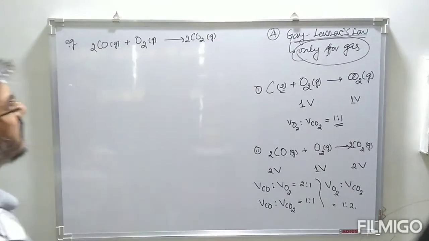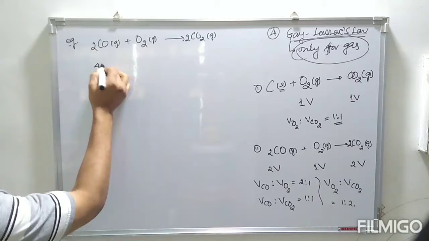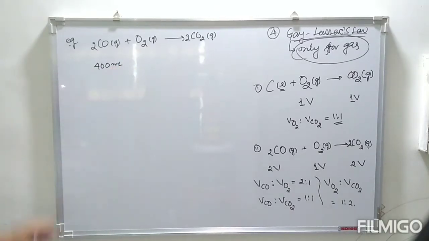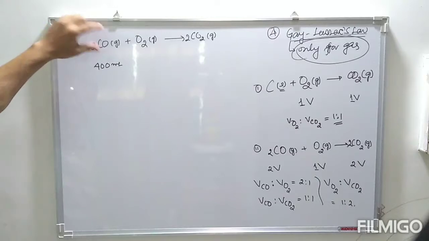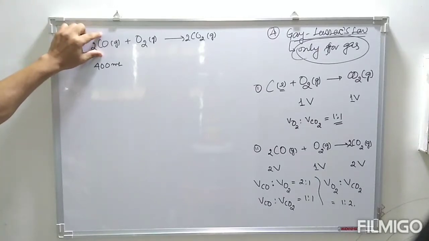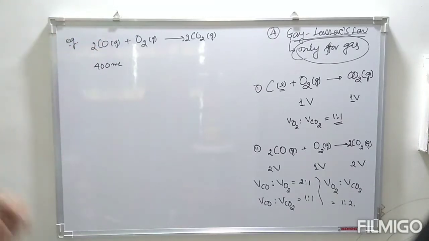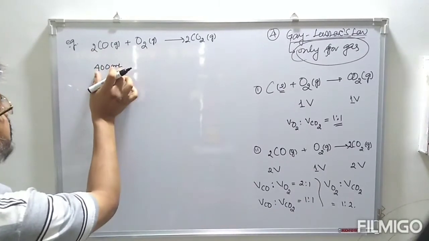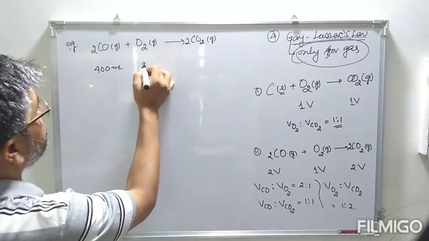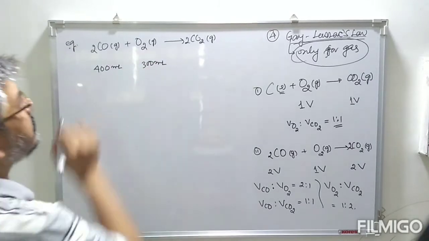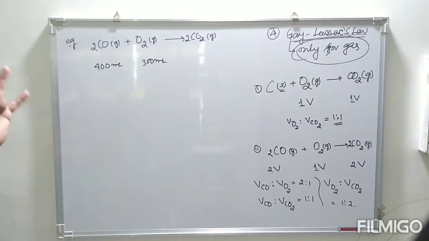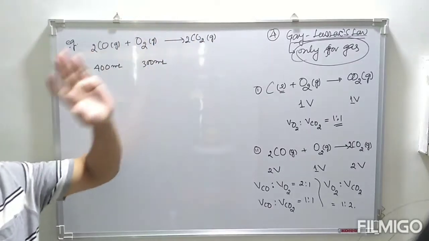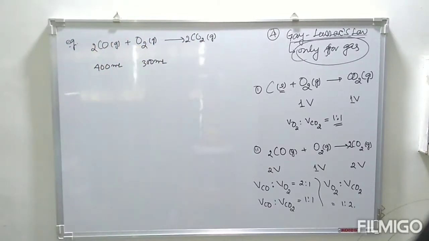Initially in a reaction container, suppose 400 ml of carbon monoxide is mixed with 300 ml of oxygen gas. The reaction takes place and this gives you the product, that is carbon dioxide, according to this balanced reaction.